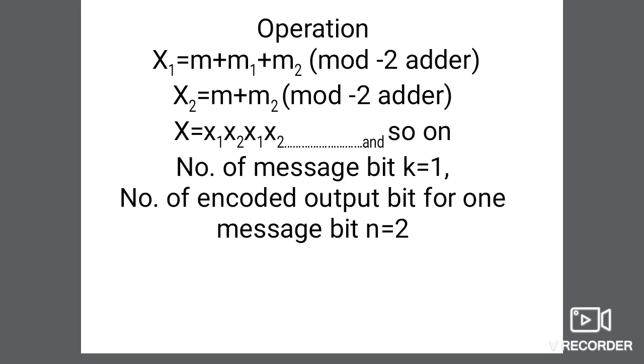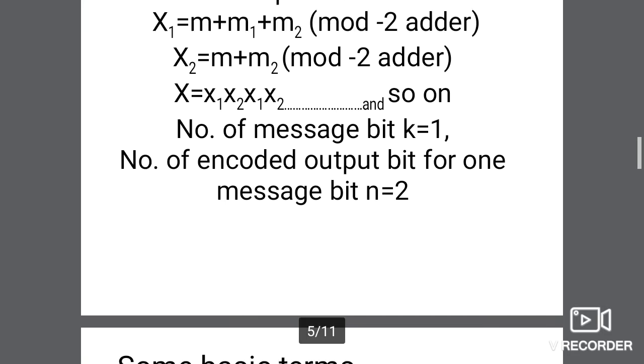Thus the output bit stream for successive input bits will be x1, x2, again x1, x2, again x1, x2 and so on. So the number of message bits k is equal to 1, and the number of encoded output bits for one message bit n is equal to 2.